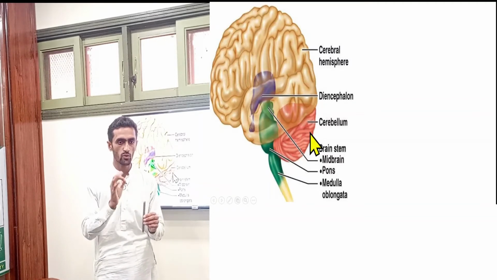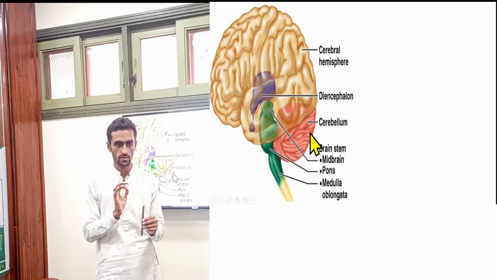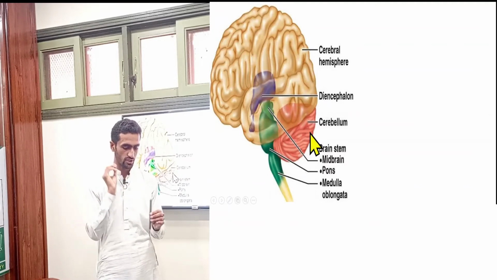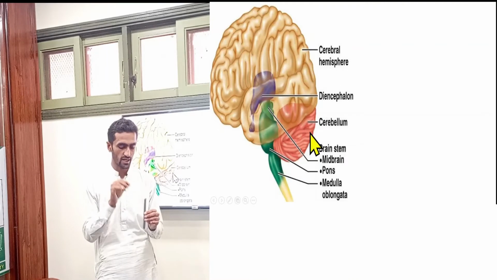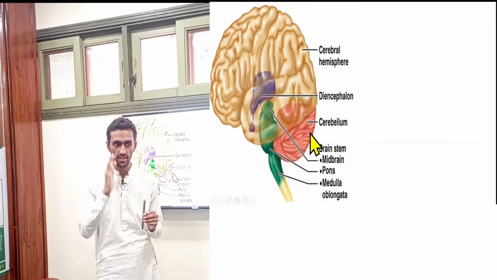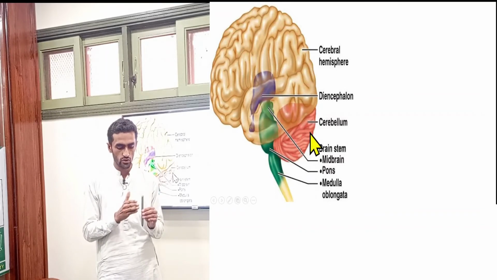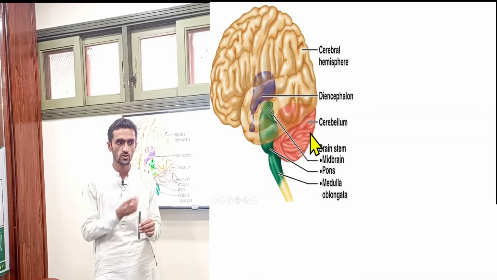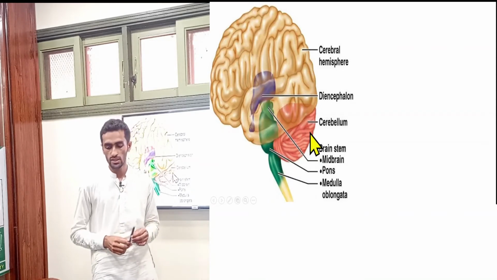The accurate movement is controlled by the cerebellum. Concept clear, what I am saying? Although my hand is moving, the accurate reaching at this point is the function of the cerebellum. So if there is a problem in the cerebellum, the hand may overshoot here or undershoot here. So that is the function of the cerebellum.